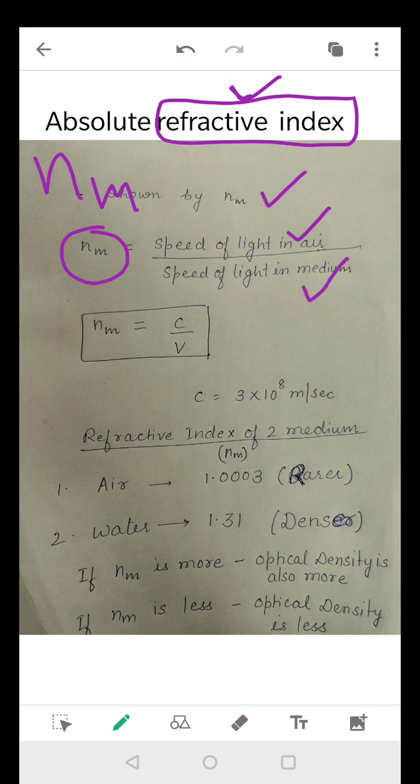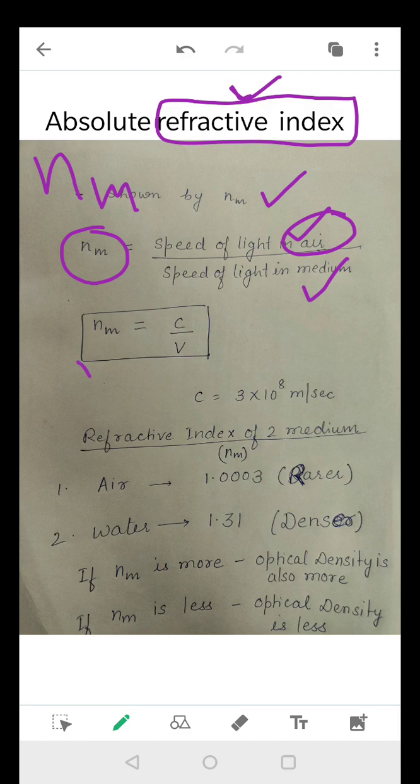Now very important: in case of relative, we had two media, medium 1 and medium 2. But in case of absolute refractive index, one medium will always be air. It is the second medium which will be changing. Air will always be there, right?